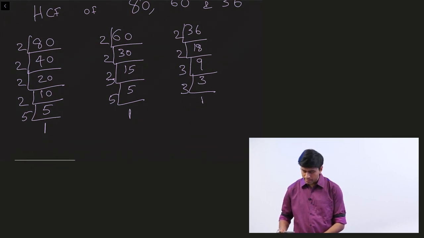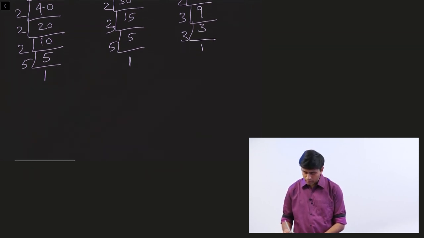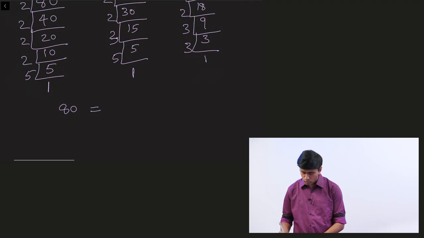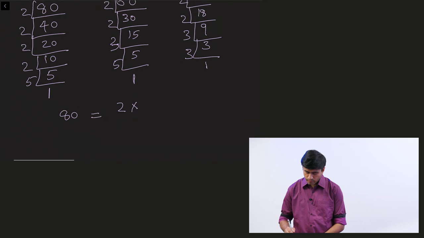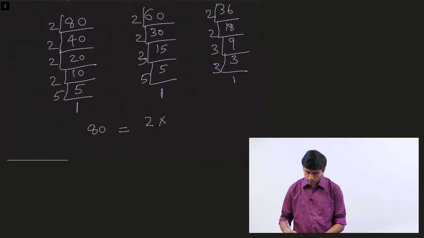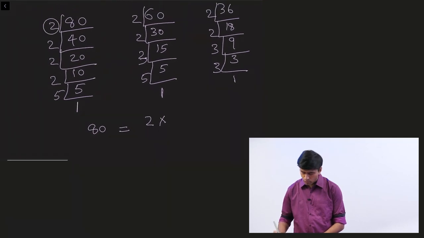So let's list it down. The prime factors of 80 are 2 into 2 into 2 into 2 into 5 into 1.